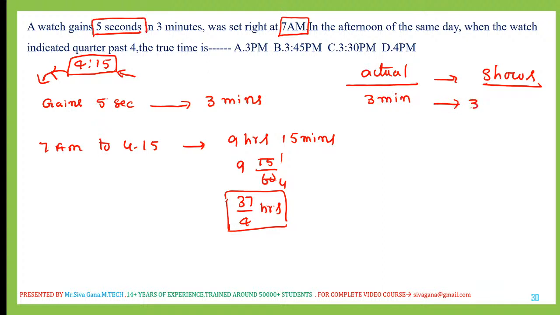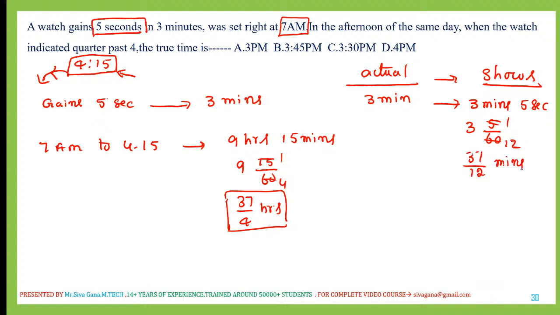I am converting the 3 minutes 5 seconds into minutes: 5 by 60, which is nothing but 5 ones 5, 12 threes are 36, 37 by 12 minutes.